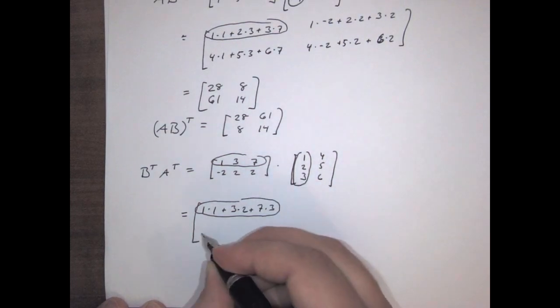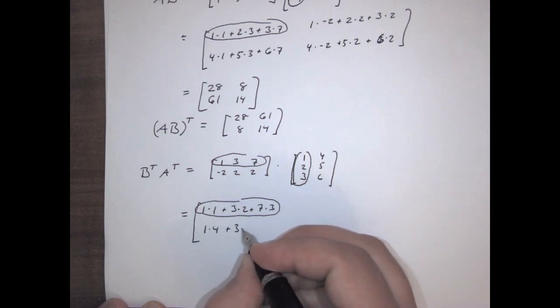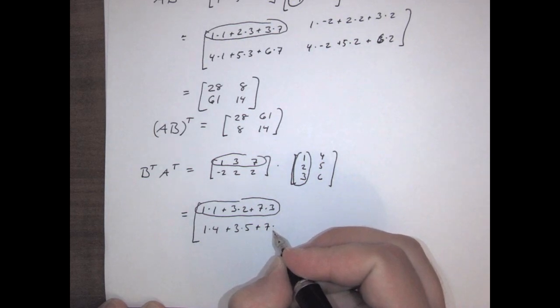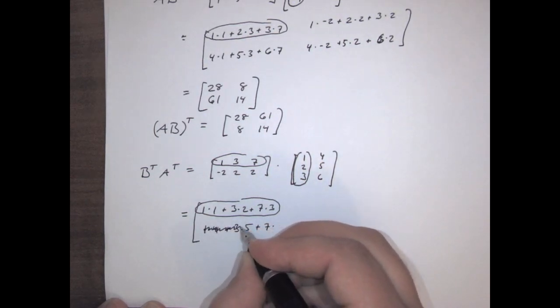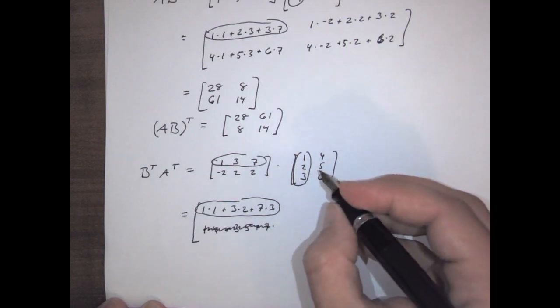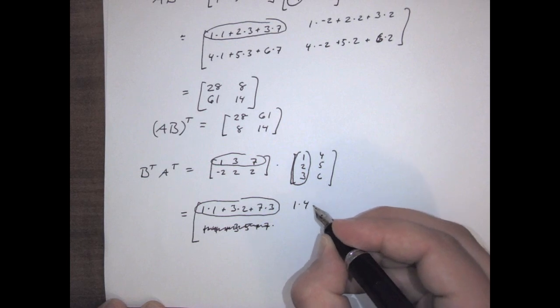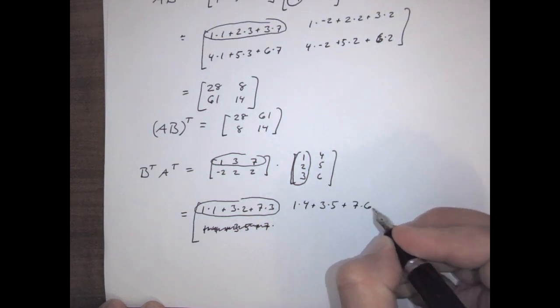And similarly here, it's going to be 1 times 4 plus 3 times 5 plus 7 times... that's not right, I was looking at the wrong thing. So, okay. That is all going to be up here: 1 times 4 plus 3 times 5 plus 7 times 6.